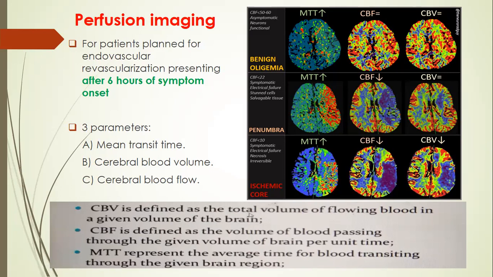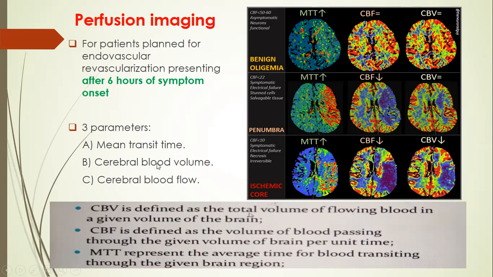This contains three perfusion parameters: mean transit time, cerebral blood volume, and cerebral blood flow. Only one thing you remember: cerebral blood volume. Cerebral blood volume is defined as the total volume of the blood flowing in a given volume of the brain. This is always decreased in ischemic core, and it will be normal in penumbra. This one parameter will help you decide whether the salvageable penumbra or the ischemic core is more.